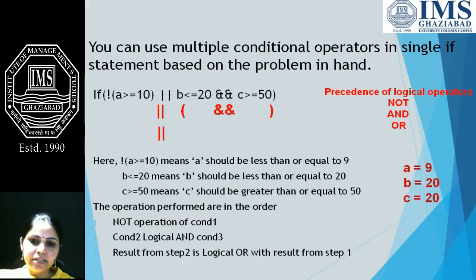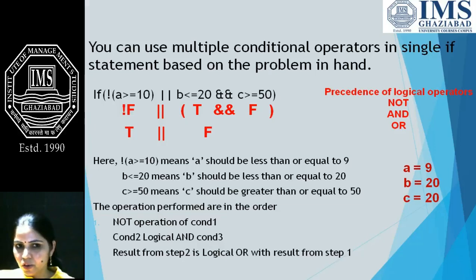A is 9, B is 20 and C is 20. This means not of F, because A is 9, the condition is false. B is 20, the condition is true. C is 20, the condition is false. Not of F comes out to be true. True and false comes out to be false.